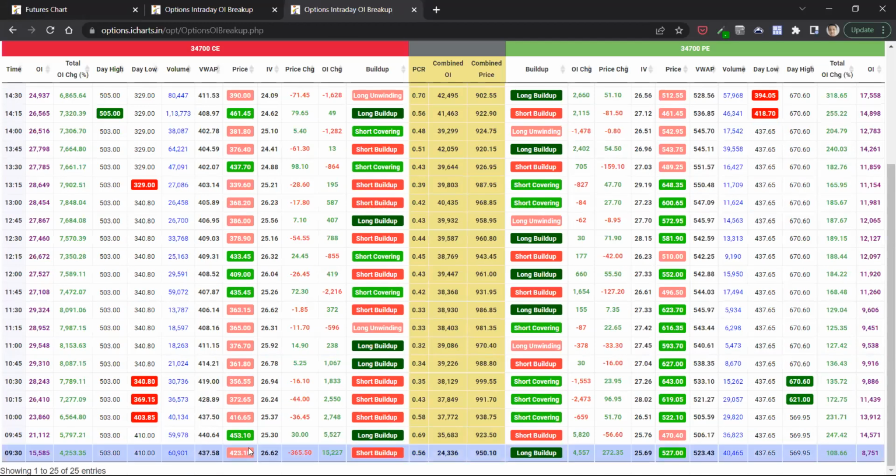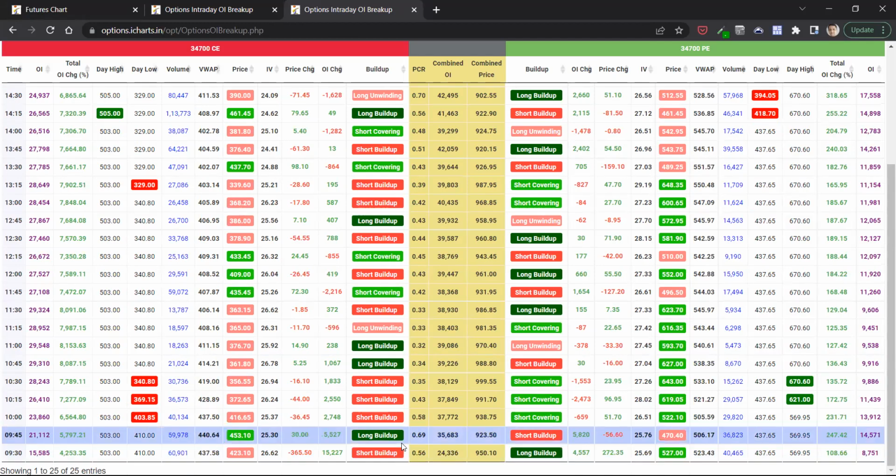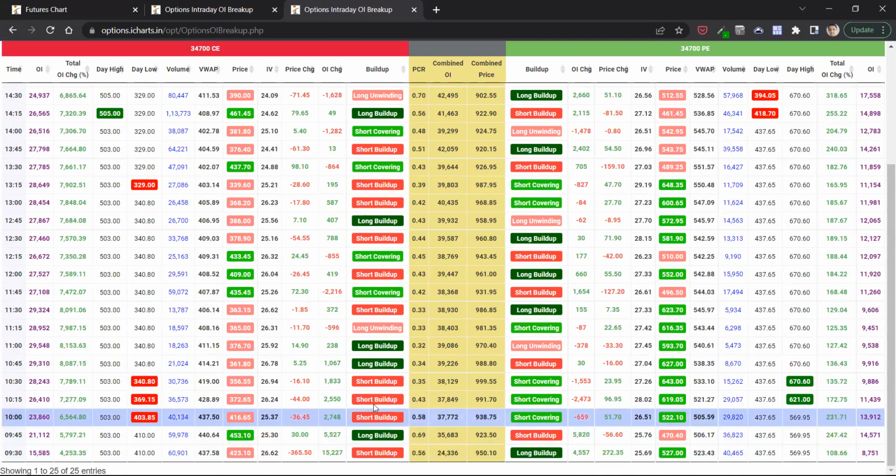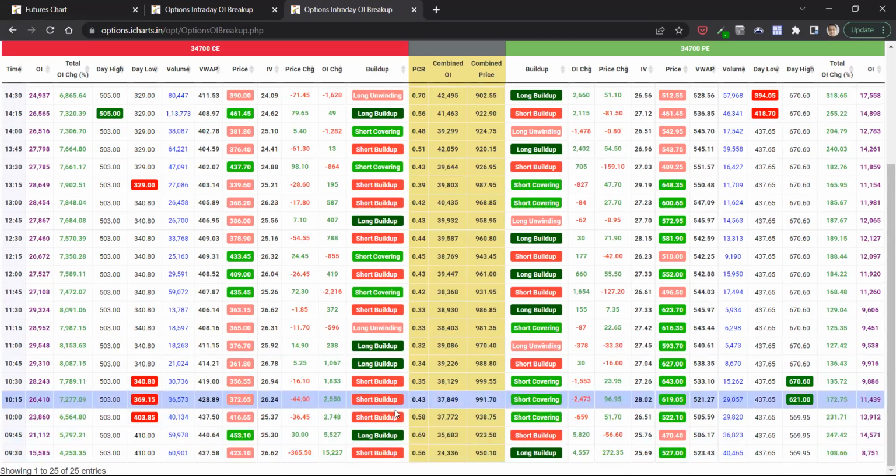This data will be ready by 9:30, and then once you have a short buildup on one side and a long buildup on the other side, I call this a strong signal. Or you could even decide based on one side also. But I try and look for a strong signal on both sides.